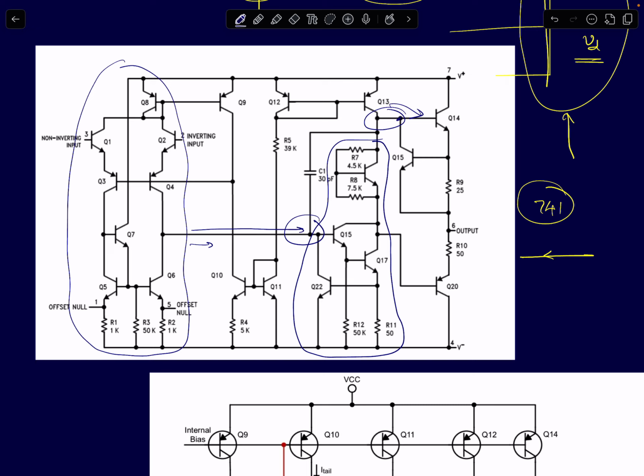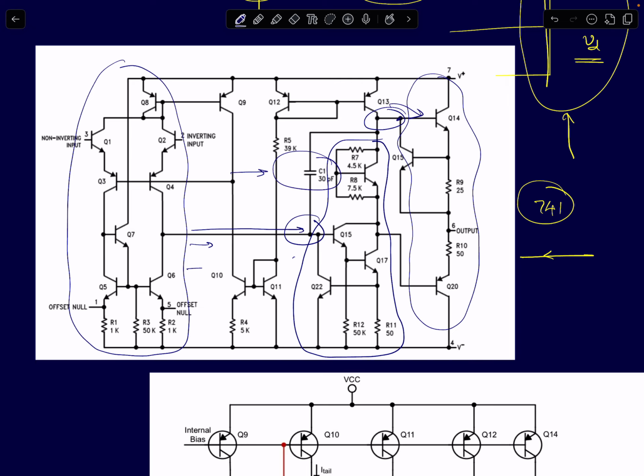So it's not surprising. You need multiple stages of gain to achieve very high gains. That's why you see a first stage, then a second stage, and finally a third stage for driving the output loads. And also you see a compensating capacitor of 30 picofarads here.